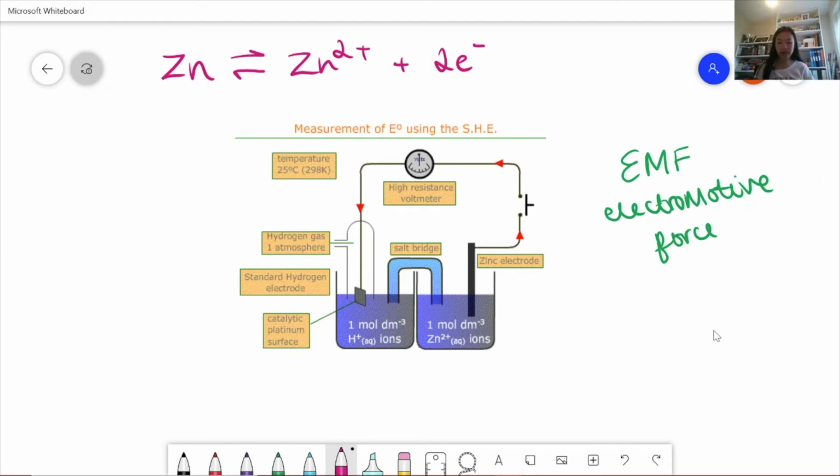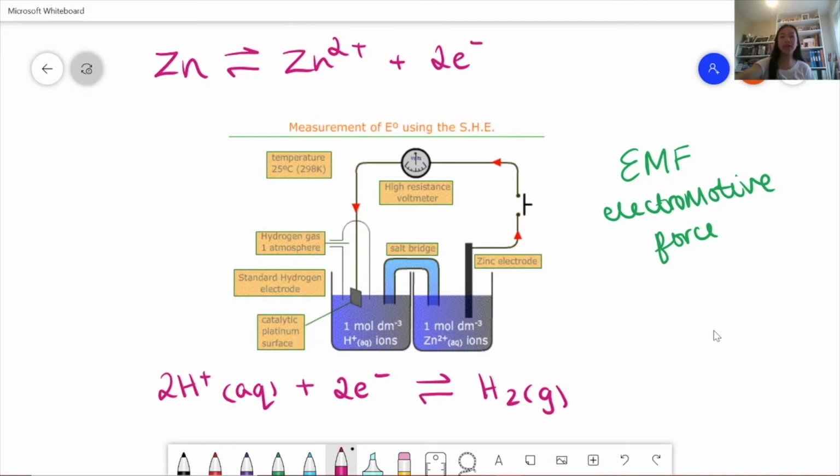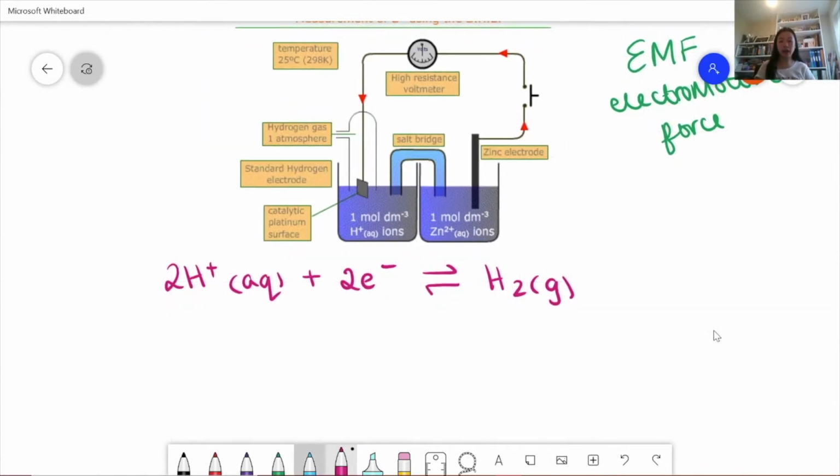And while the standard hydrogen electrode is relatively more positive and undergoes the reduction reaction, which is this. And so overall what happens is that we have this equation, if we combine the two half equations together.